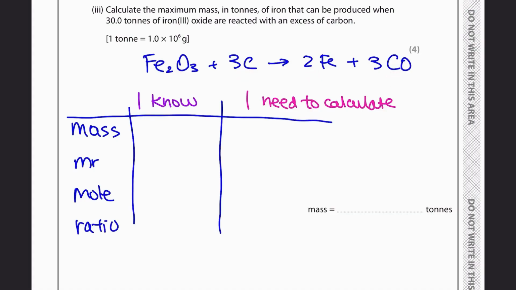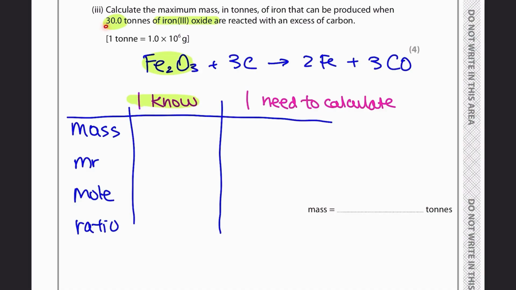They only gave you information on the iron oxide, which is this one here, which is 30 tons. Therefore, the thing I know is iron oxide. And I need it to be a mass in grams, because that's the calculation for mole, mass over molar mass. Mass has to be in grams.